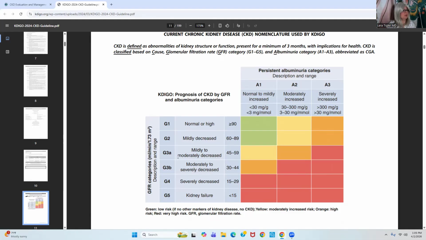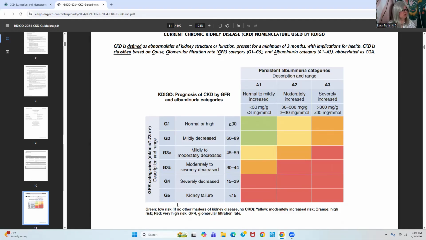And you'll notice for 3, we do break it up into parts A and B. So over here in this column that I'm highlighting, there's a lot of numbers. Normal at the top: if the person has damage to their kidneys, but their filter rate is normal, greater than or equal to 90, then they have the least damage to their kidneys.